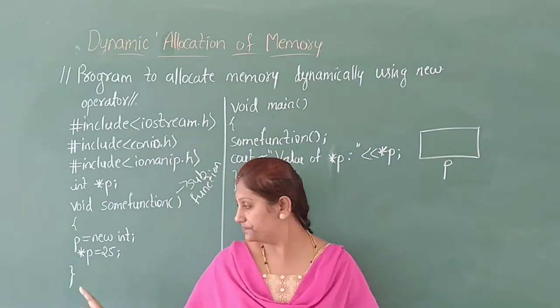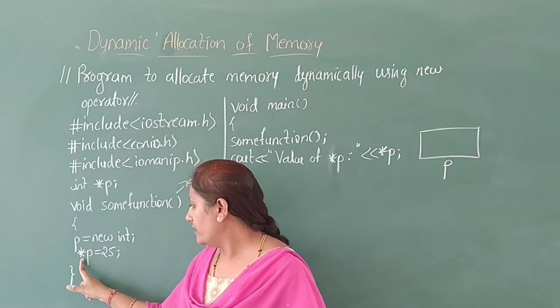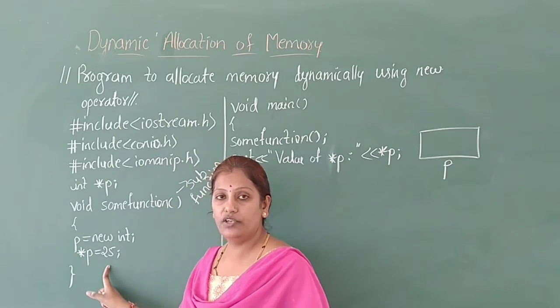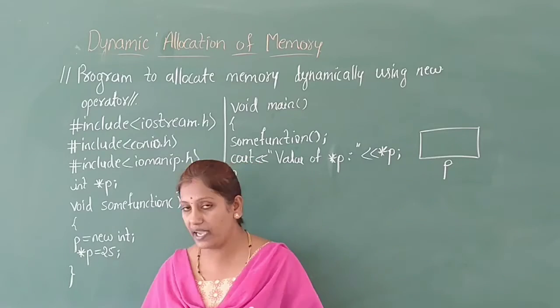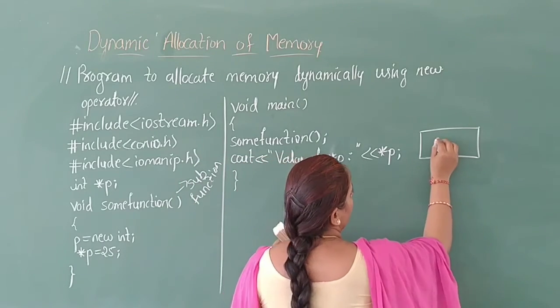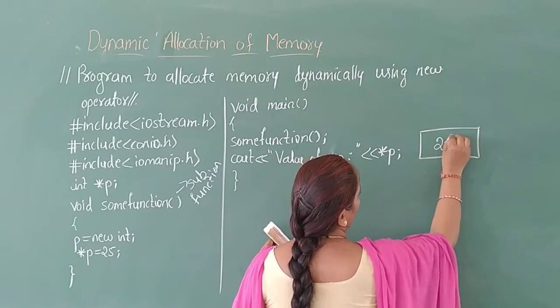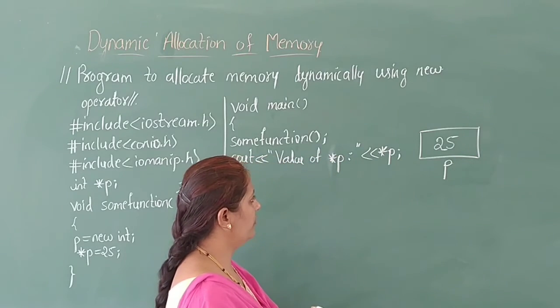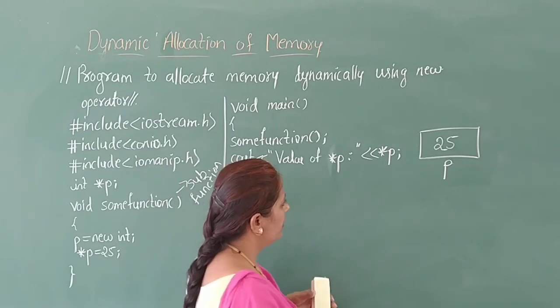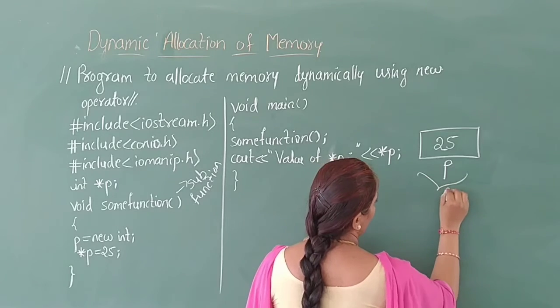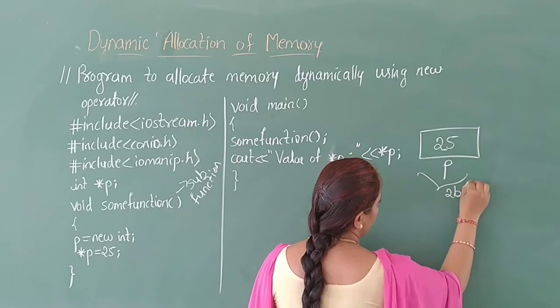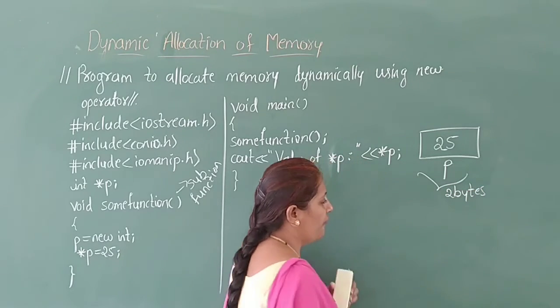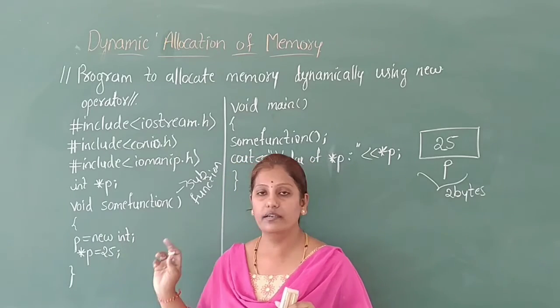Next, *p = 25, and this 25 value is stored in the new memory. It assigns a total of 2 bytes of memory for an integer type.